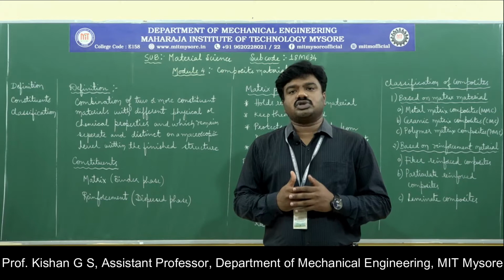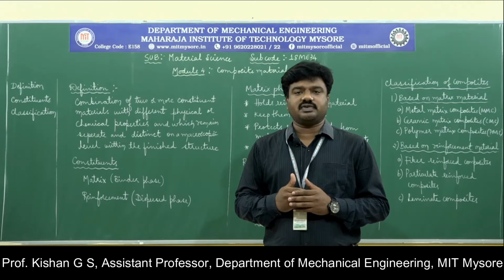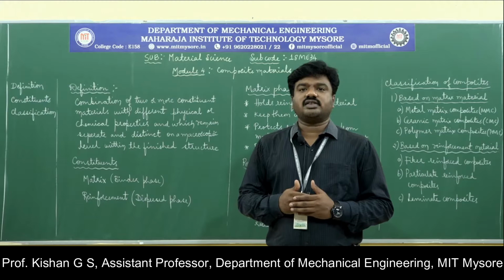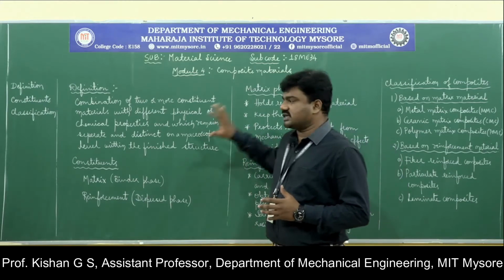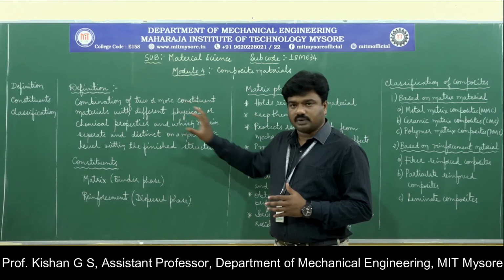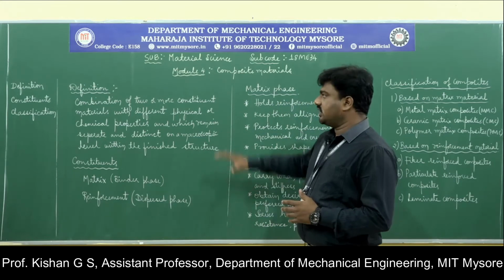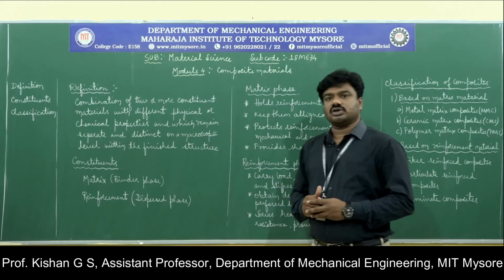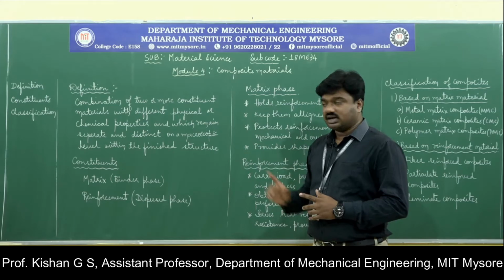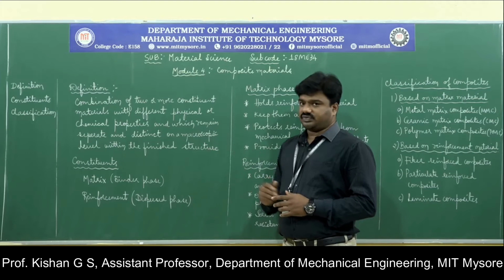But when it comes to the actual definition, wherein we are going to study its behavior or understand its versatility in application, we have to define composite materials technically, giving information regarding chemical and physical properties as well as its nature under macroscopic level. So I repeat, it is the combination of two or more constituent materials with different physical and chemical properties and which remain separate and distinct on macroscopic level within the finished structure.